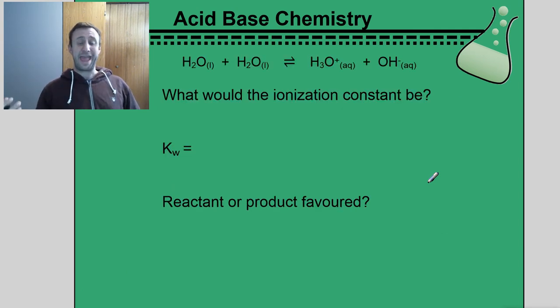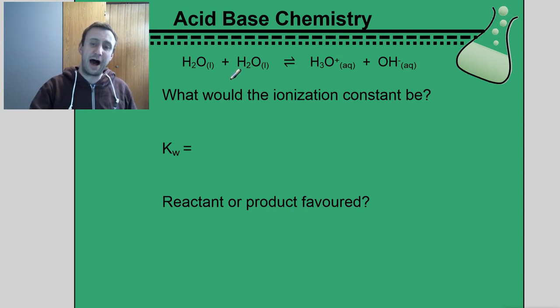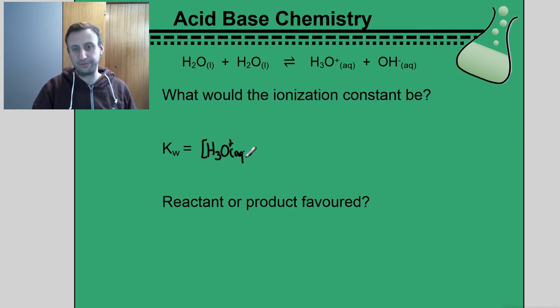All right, so let's analyze this particular equilibrium and figure out what the equilibrium expression and constant would be. I have products and I have reactants. Knowing what you know about equilibriums, how would this look? Well, I have H3O positive aqueous on top because that's a product, with a coefficient of 1, so no exponent here.